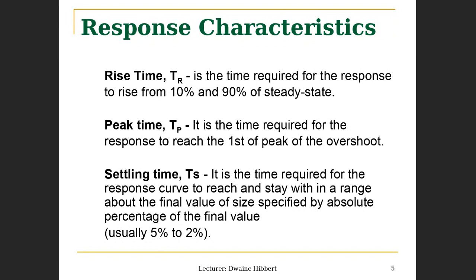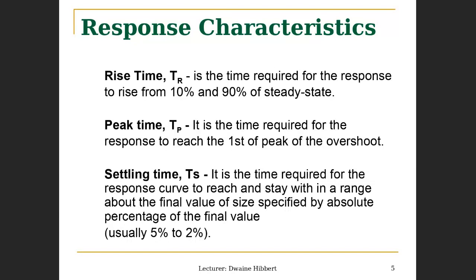Now, peak time, T subscript P, is the time required for the response to reach the first peak of the overshoot, provided the system actually has an overshoot. For settling time, T subscript S, this is the time required for the response curve to reach and stay within a range about the final value.